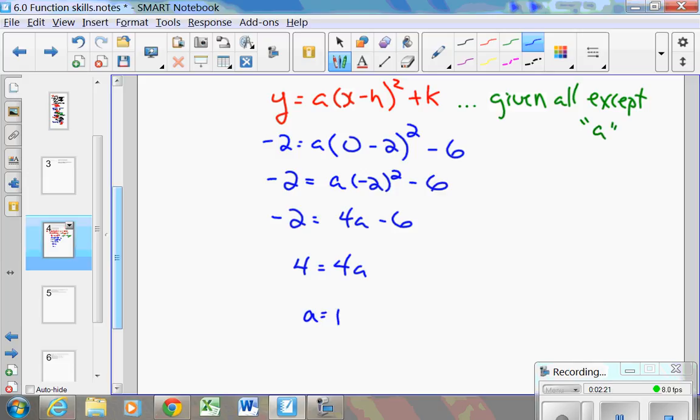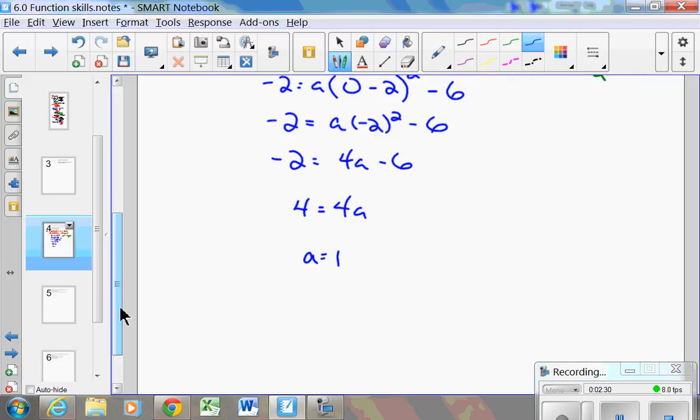So it happens that this equation has your basic stretch. The stretch value is 1. If you go back to write the equation, you're going to use a as 1, the h value, which was 2, and the k value, which was -6.